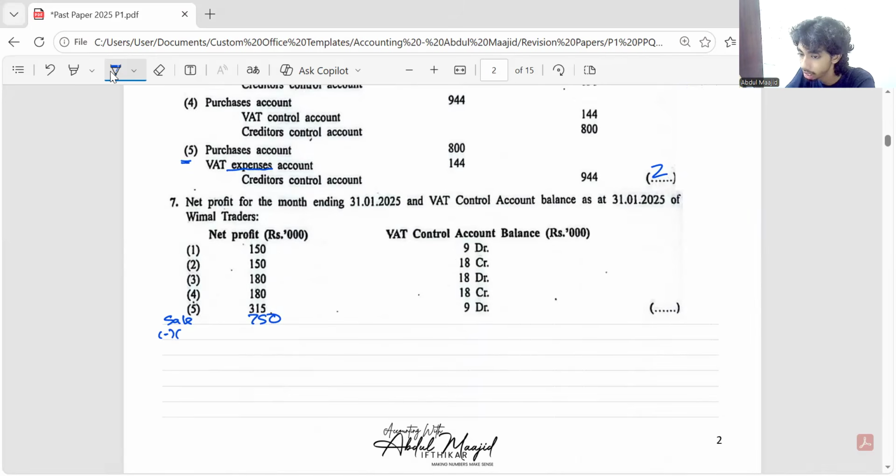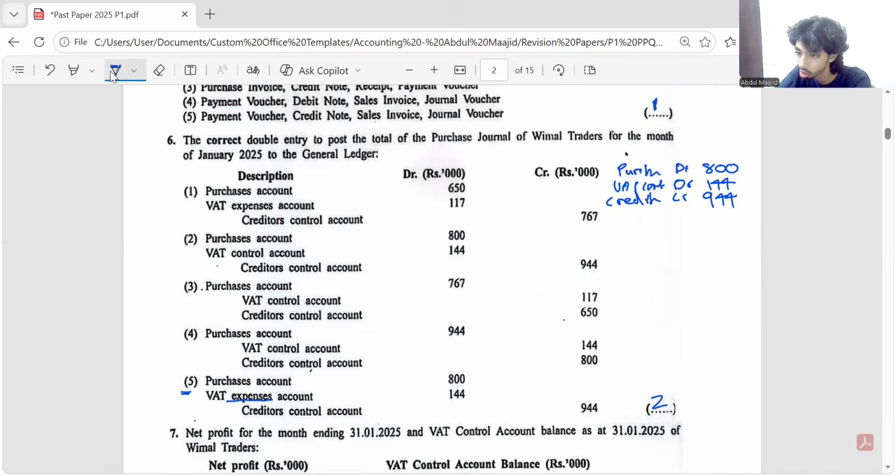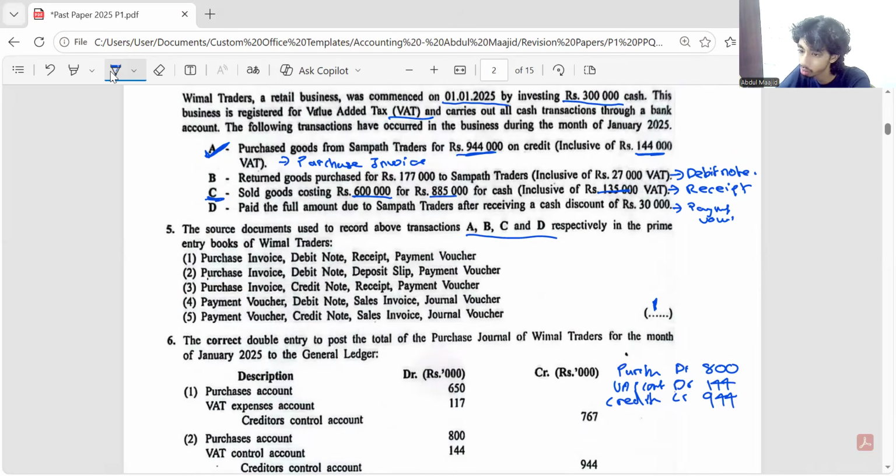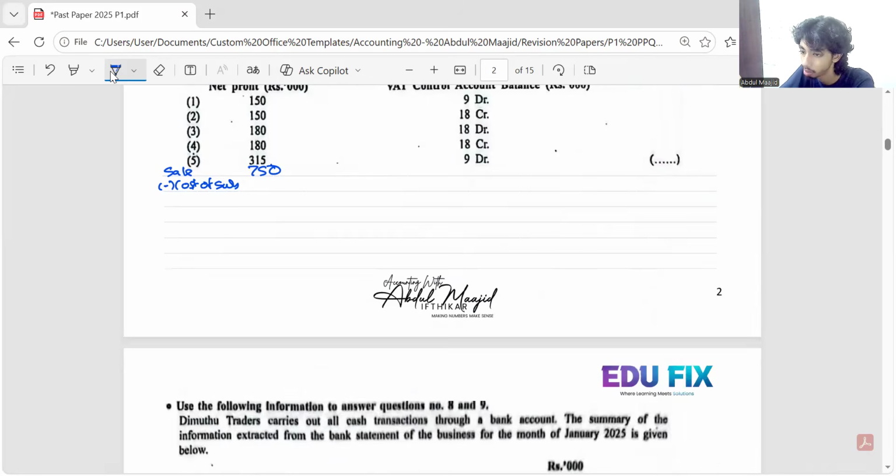Okay, then cost of sale, you can directly put the value of the cost of goods of this sale. That is 600,000. Then you can get your gross profit as 750 minus 600. That is 150.